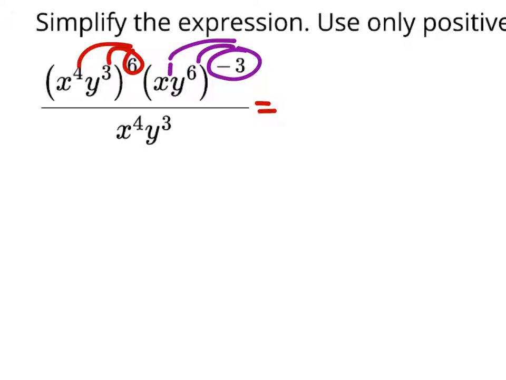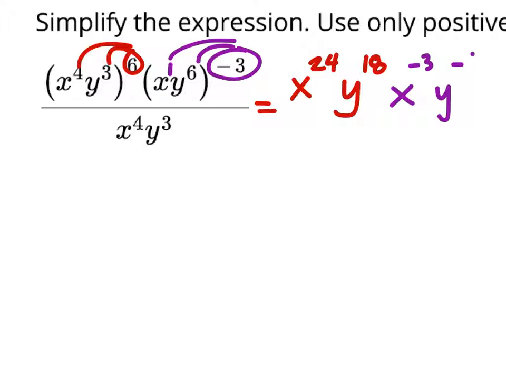So that would be x to the power of 24, 4 times 6, and y to the power of 3 times 6 is 18. Now the purple, x to the power of 1 times negative 3 is negative 3, and y to the power of 6 times negative 3 is negative 18. That worked out kind of nice. And this is all over whatever we had before in the denominator. There was nothing to simplify there.